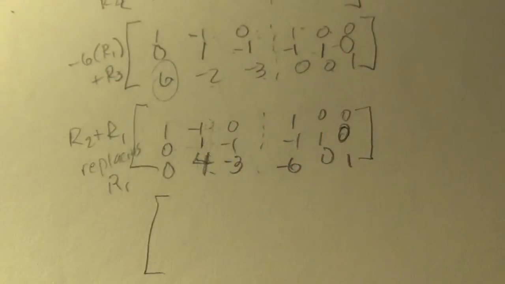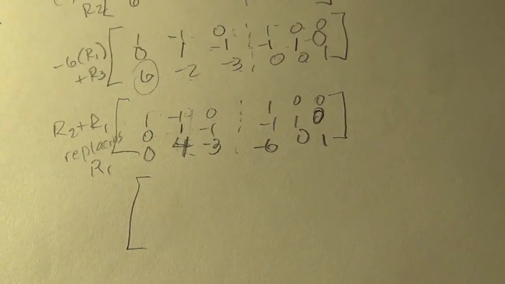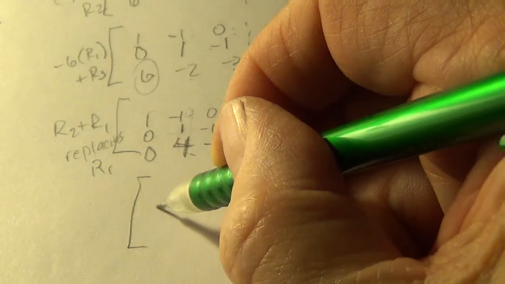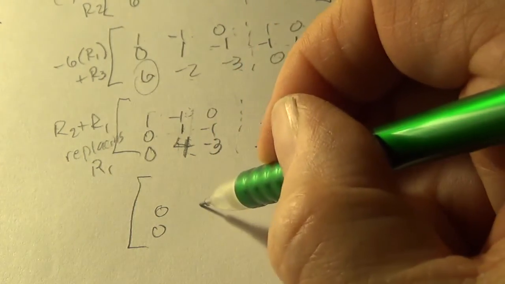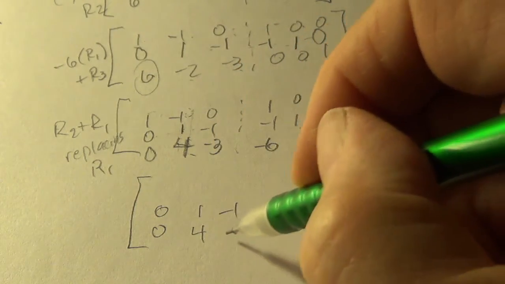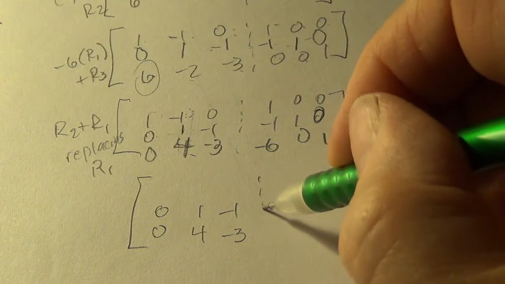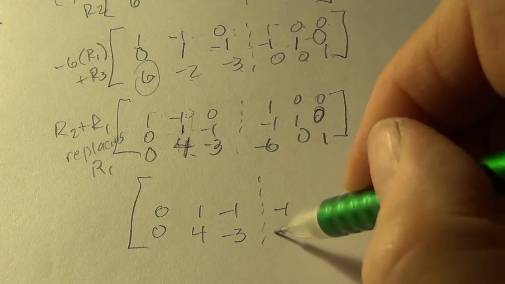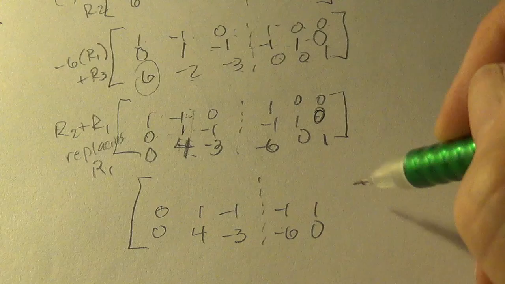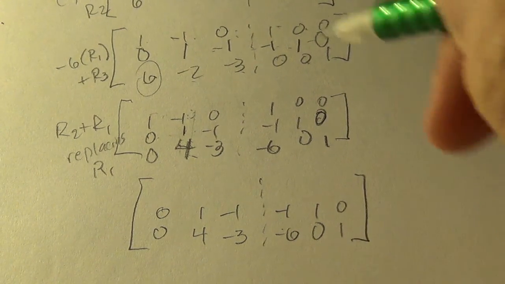That's one of the operations. There's a couple choices, but that seemed like the simple way. So I'm replacing row 1, and writing 2 and 3 unaltered.